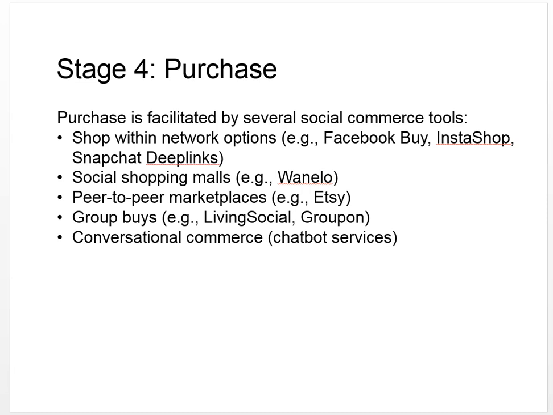So purchase is facilitated by several social commerce tools. So shop-within-network options like Facebook Buy, InstaShop, social shopping malls, peer-to-peer marketplaces, group buys like Groupon I've already mentioned, and conversational commerce, so with the chatbot service.